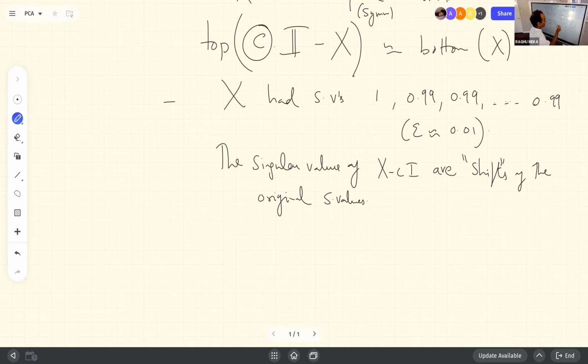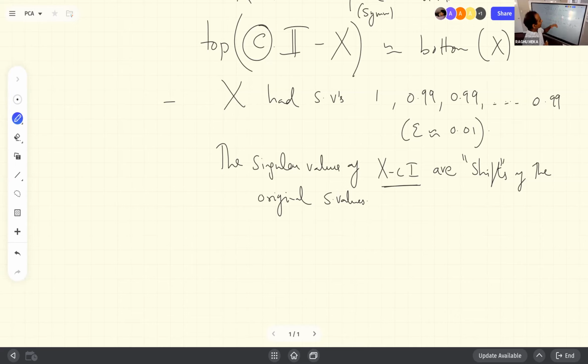So when I subtract something times the identity, the singular values shift a little, right? But the singular vectors don't change. Basically, you essentially just replace the singular values appropriately.